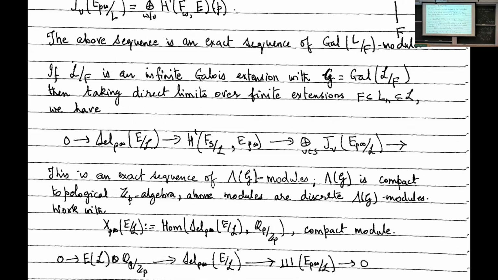I'm going to fix a finite set of primes S of the base field F, containing all the primes v above p, and primes of bad reduction for the elliptic curve. So this is a finite set, and then we'll use the standard notation, which is the maximal unramified outside S extension.